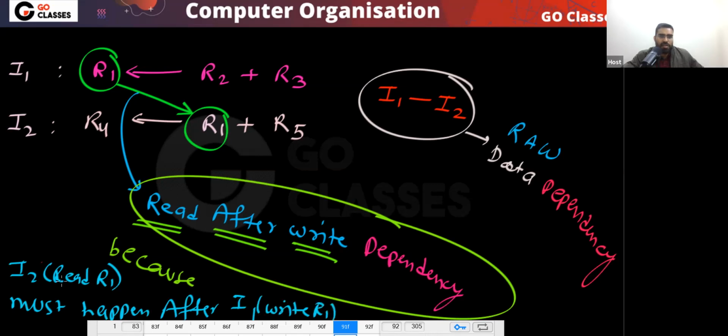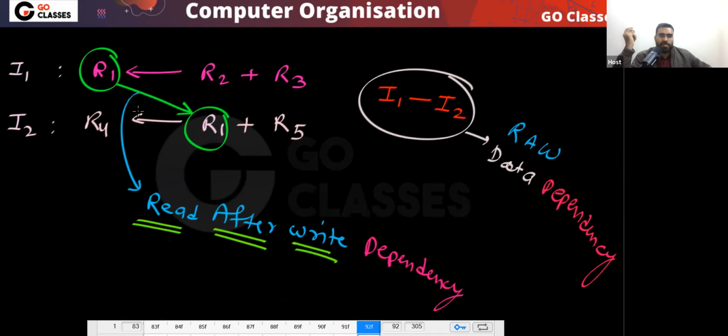So you can see that this read must happen after this write. That is the reason this dependency is called read after write dependency. Is this clear? Another name of this dependency: you can call it RAW dependency, and another name is flow dependency.